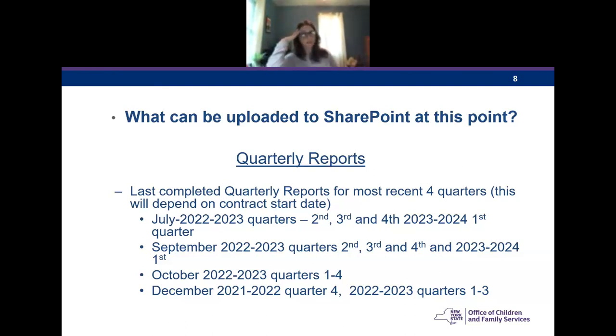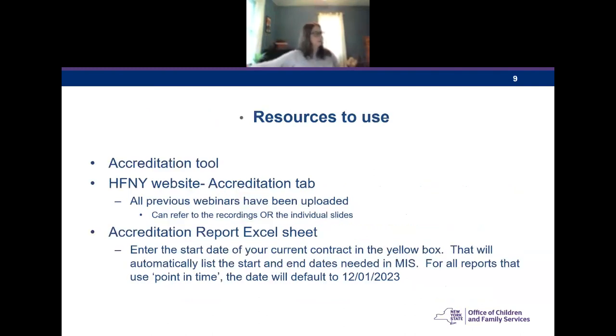As you can see in each of the bullets before that, we lay out what quarterly report should be uploaded. If you're a July start, then it's the quarters listed, September start, and then October start. And you can go to the next slide.